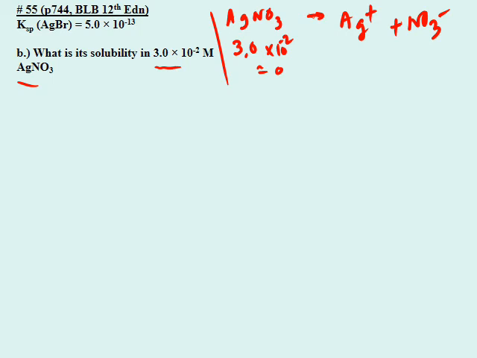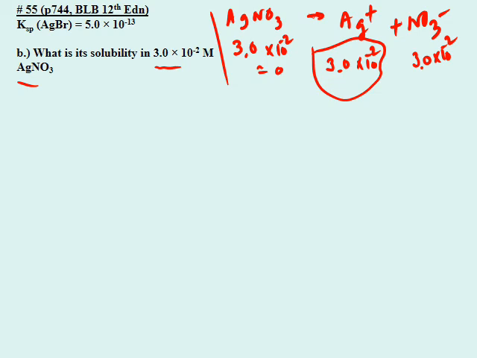They'll be all changed to silver plus, which would be 3.0 times 10 to the negative 2, and the same amount of nitrate, which we don't care for this particular calculation. So what is most important to us is this quantity of silver plus, because that's part of this solubility problem.